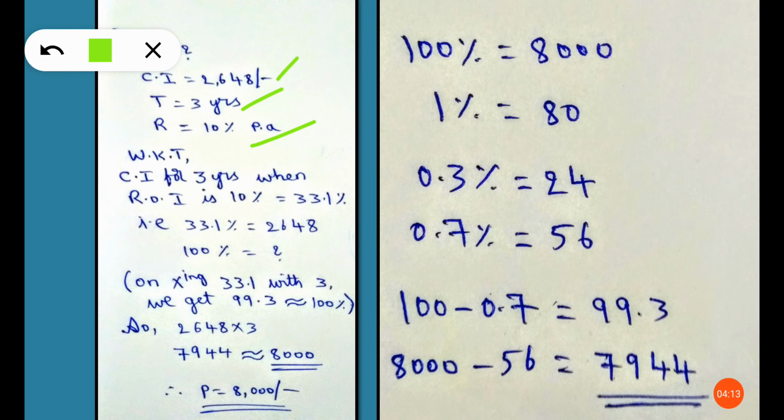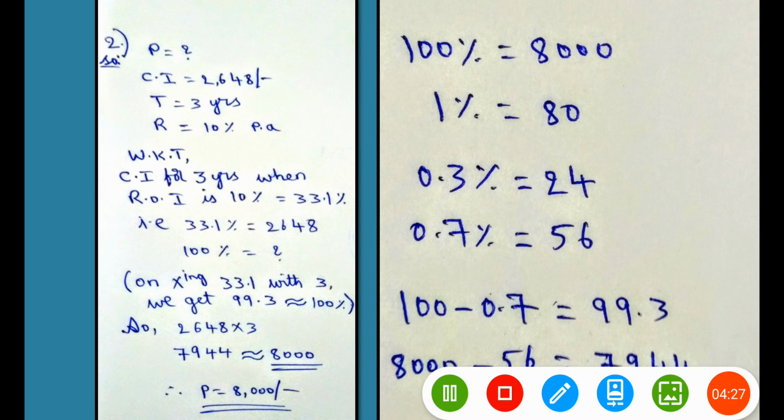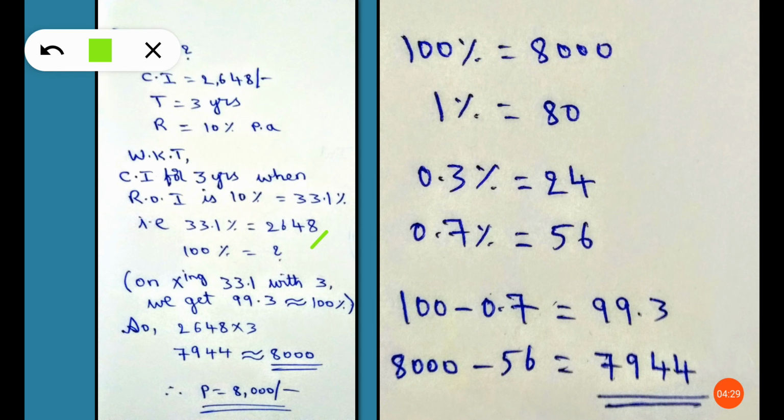We know that compound interest for 3 years, when rate of interest is 10%, is 33.1%. That is 33.1% is 2648, and what is the 100% value? We have to identify the 100% value. If we observe here, on multiplying 33.1 with 3, we get 99.3%, which is approximately equal to 100.